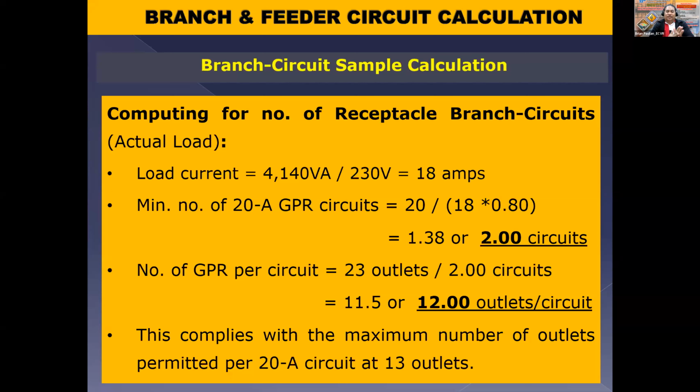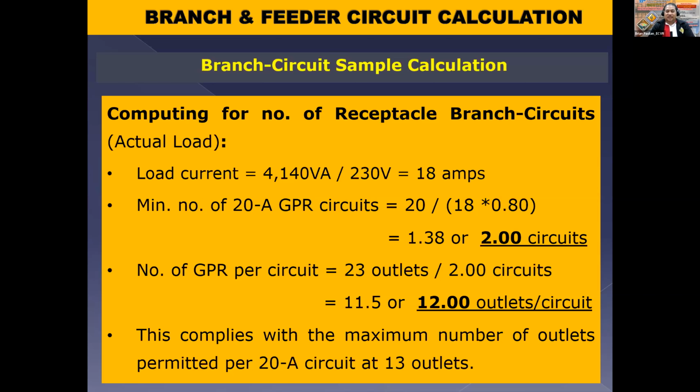For 15 ampere circuit, up to 10 outlets lang. Kaya pa rin ni circuit, but meron tayong sinunod na limit of number of outlets per 20 ampere or 15 ampere circuit. So dapat i-consider pa rin yan. Okay, so 12 outlets comply.